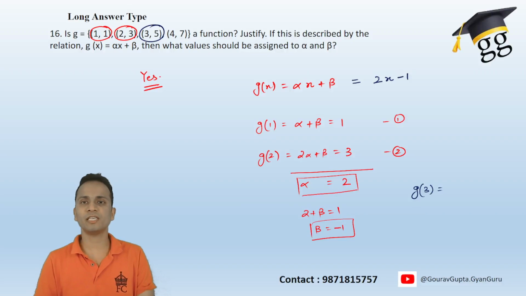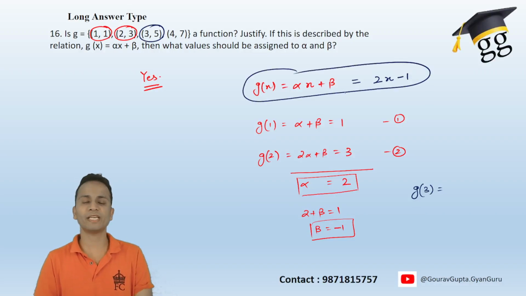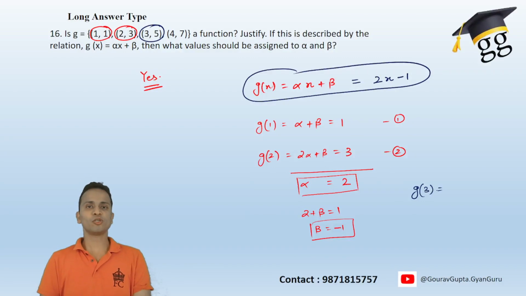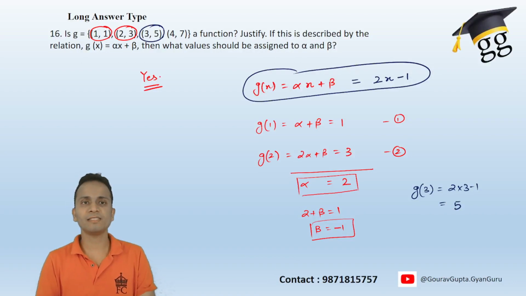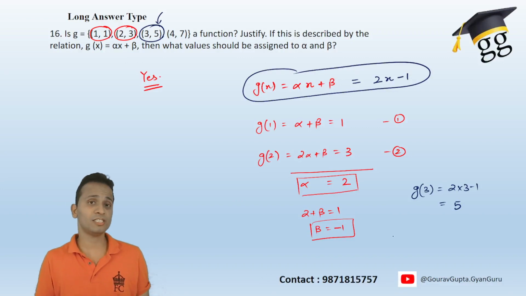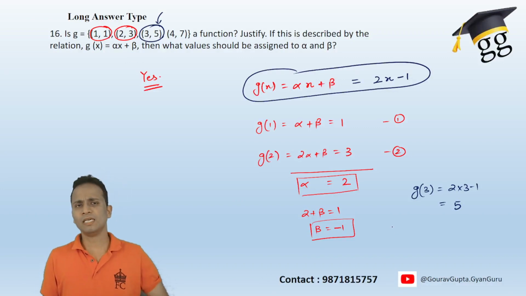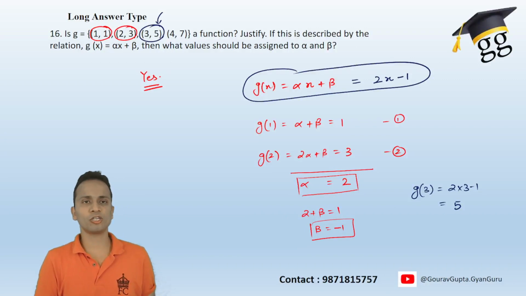So the function is defined as g(x) = 2x - 1. So g(3) will be 2 multiplied by 3, minus 1. 2 into 3 is 6, minus 1 is 5. You can see that the second part of this ordered pair is equal to 5. So yes, g(3) is equal to 5. Similarly, g(4) will be equal to 7 if you do the cross checking.